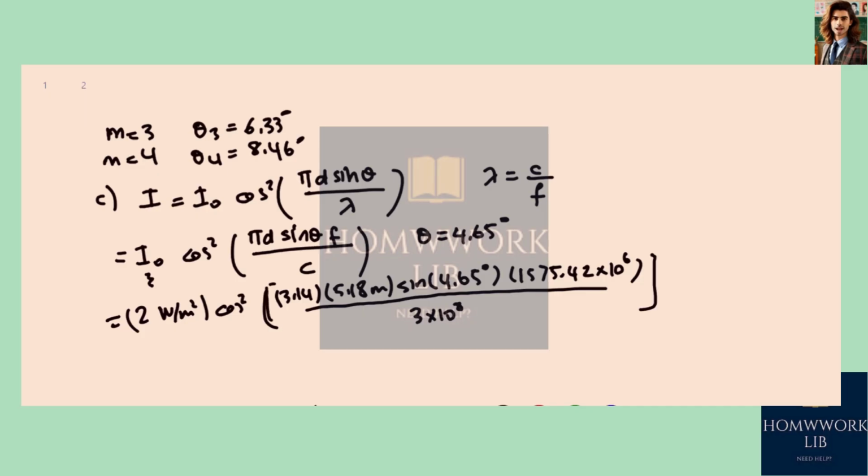Let's just remember inside here, it should be in terms of radians, not degrees. If we do that, we're going to find the answer to be 1.28 watts per meter squared.